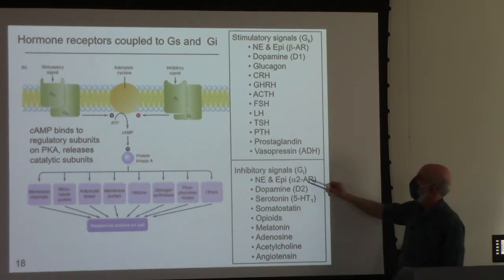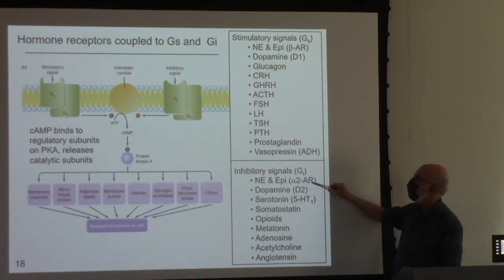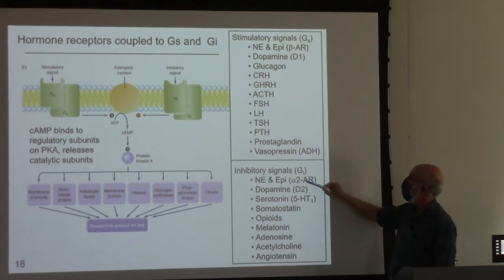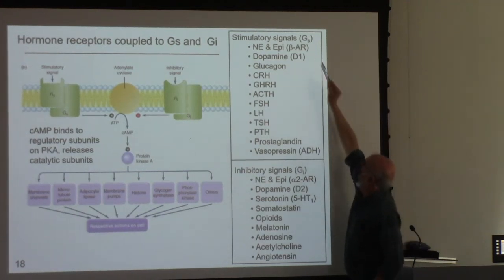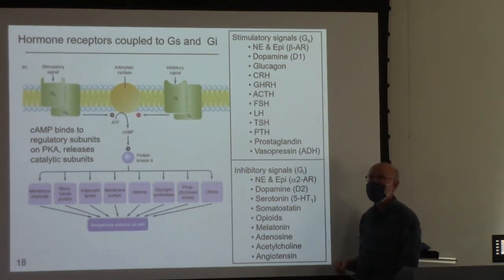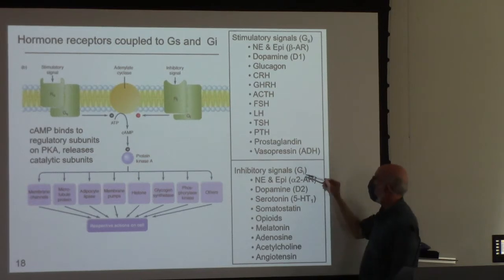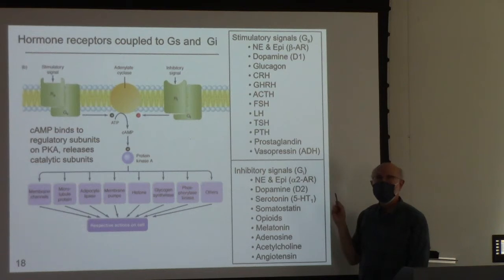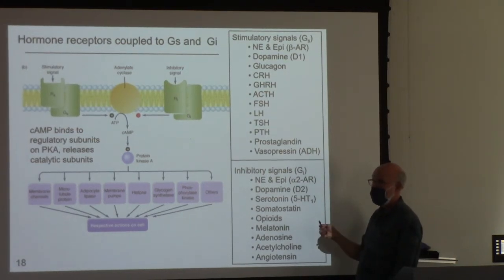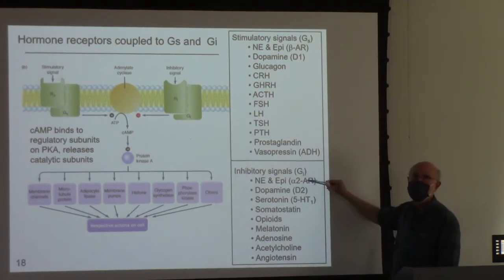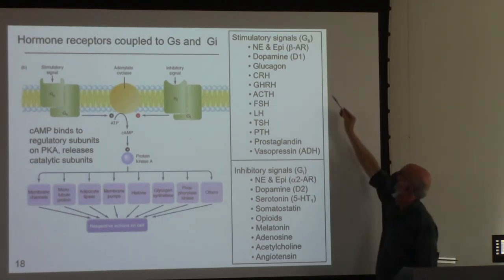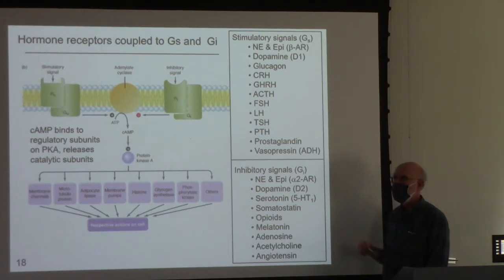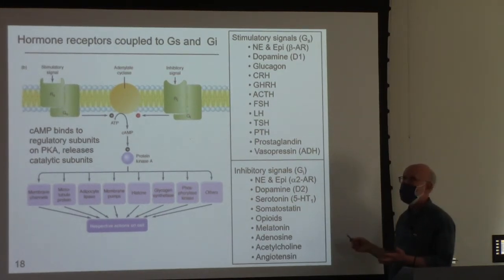Interestingly, some receptors for norepinephrine and epinephrine are GI, and some other receptors for epinephrine and norepinephrine are GS. So the same hormones can have very different effects depending on what receptor is expressed in the target cell. Beta versus alpha adrenergic receptors catalyze very different effects.